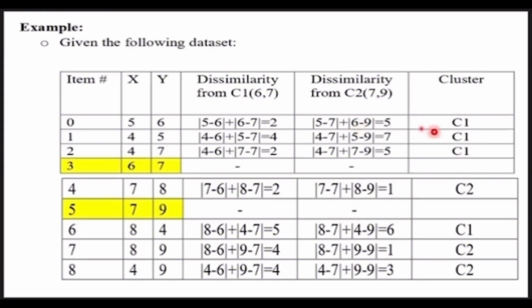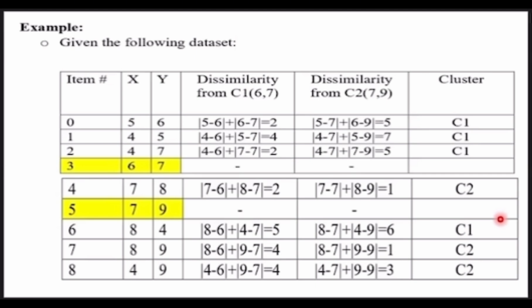Is there any question on the first row? Everybody good, right? Okay. Now you go to the second row and repeat the same. At the end of the day, when I continue to do that, if you take a look at the clusters, I have 4 for cluster 1 and 3 for cluster 2.